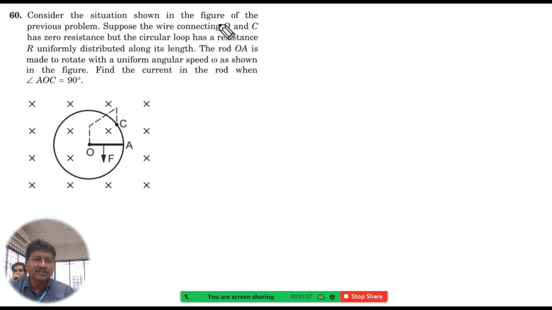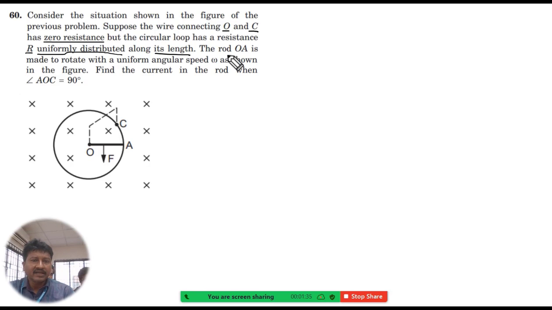Consider the situation shown in the figure of the previous problem. Suppose the wire connecting O and C has zero resistance, but the circular loop has a resistance R. This dark circular loop has a resistance R that is uniformly distributed along its length.